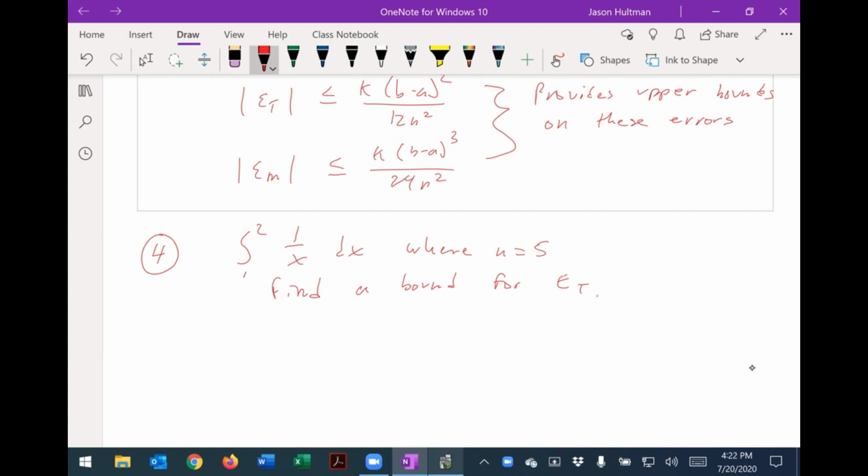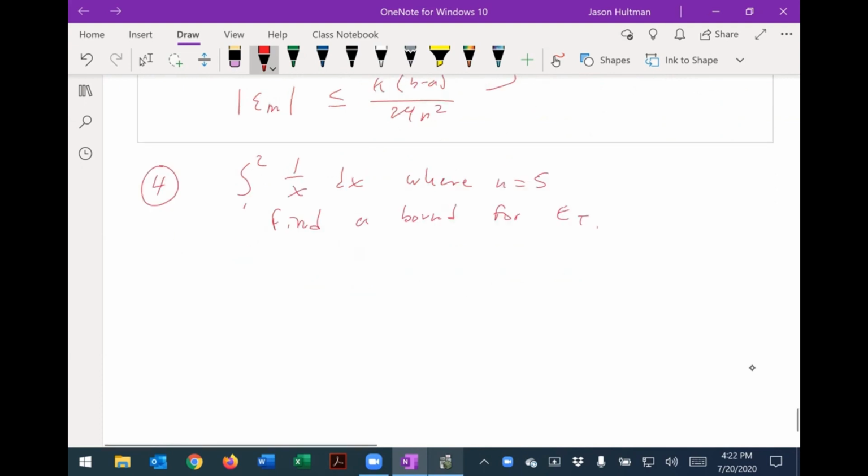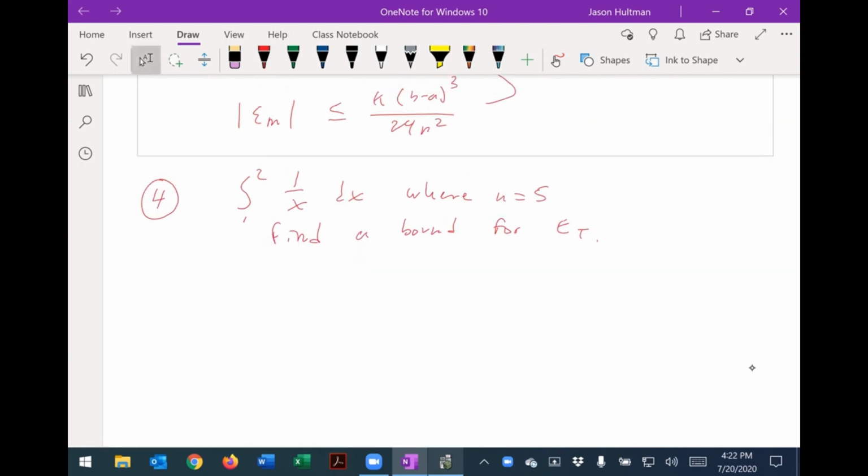So we're going to want to find the second derivative of this. We want the absolute value of the second derivative of x to be less than or equal to k.